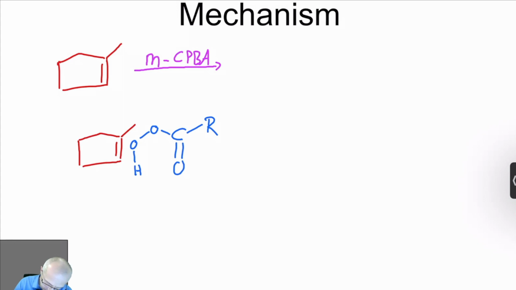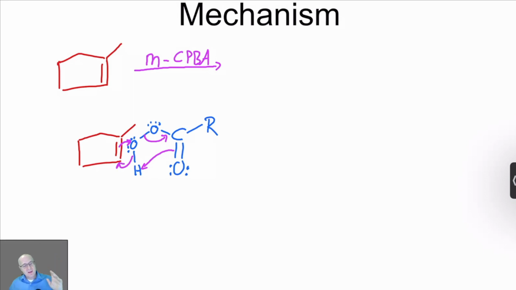Put the lone pairs in because you never know. There you have it. So now the pi bond attacks that oxygen. Those will loop around to here, attack that hydrogen, and those will go into there.